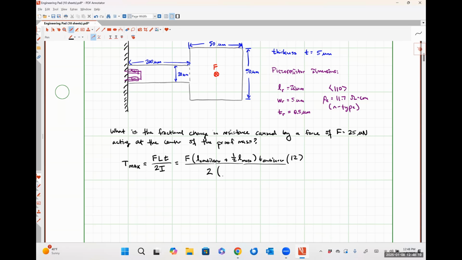So A, in our case, would be the width of the cantilever, and B would be the thickness of the cantilever, yeah. And this is cubed. Just as a side note out here, I'll put I is equal to AB cubed over 12, which in this case would be WT cubed over 12. Just so that you see, I'm just not making that up.